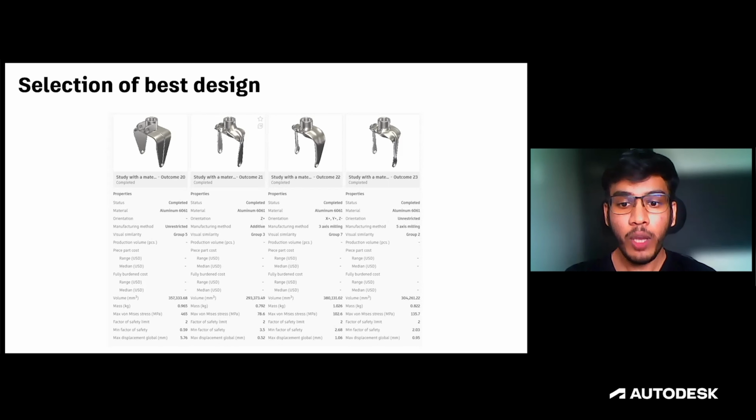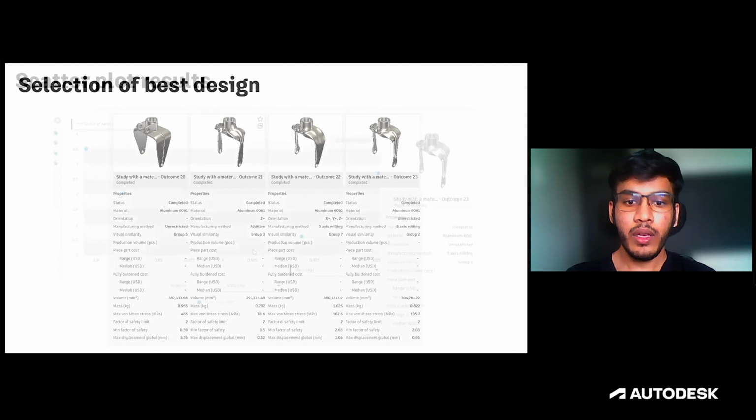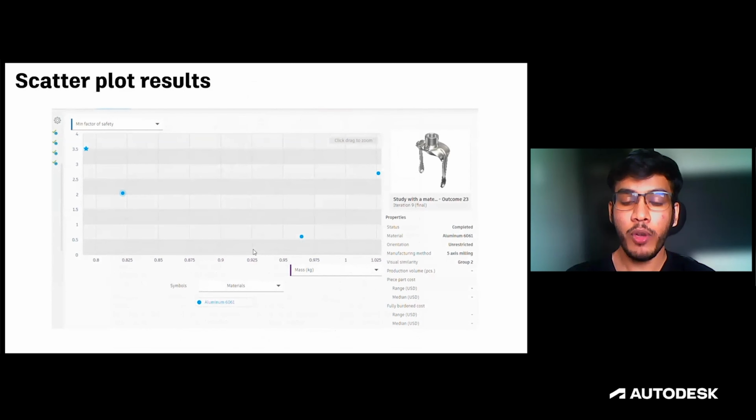We can choose our outcome based on factors such as minimum FOS achieved, minimum displacement the part undergoes, and so on. Here is a small clipping which demonstrates the various parameters and how we made our selection from the outcomes. Before playing the video, I would like to take a moment to list down the parameters we are going to focus on. Thus, minimum FOS as per our case study, then maximum von Mises stress, and maximum displacement global.